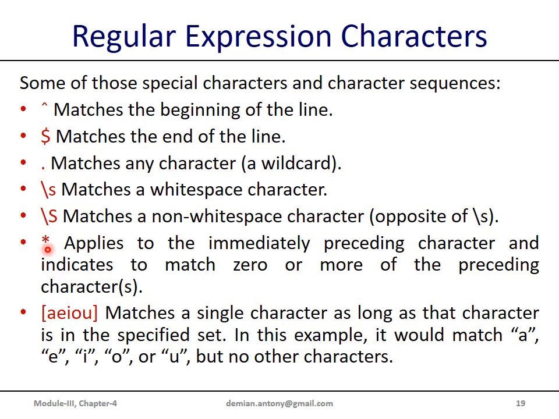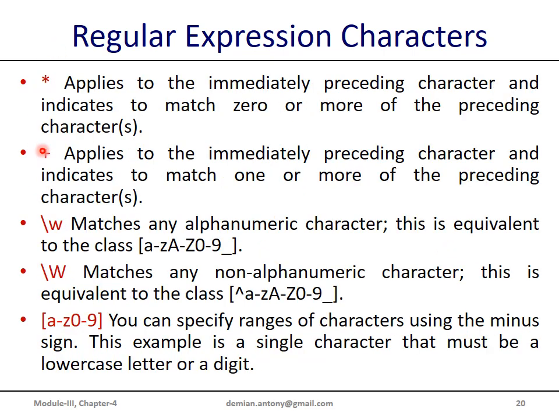Star is a wildcard character, implying 0 or more occurrences of the characters. AIO in square brackets is a set which represents the matching of one character from this set. This is a set of vowels. This is a plus, one or more occurrences.